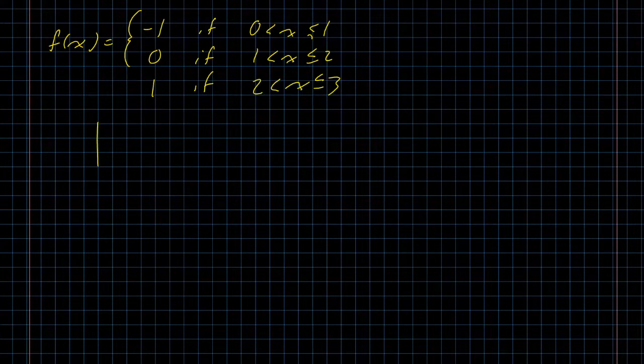This is a very simple function. I'm confident in my ability to draw it by hand. I don't need to go to Desmos or anything like that. But we're going to have a piece here. We're going to have a piece here. We're going to have a piece here. Well defined on that side, undefined on this side.